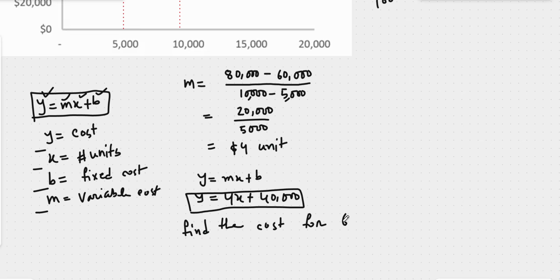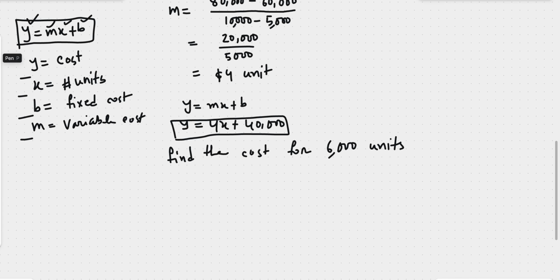Now, if the question says to find the cost for, let's say, 6,000 units, the number of units is given, x is given. What you do is you simply put the value for x in the equation, and then you can get the cost for 6,000 units.